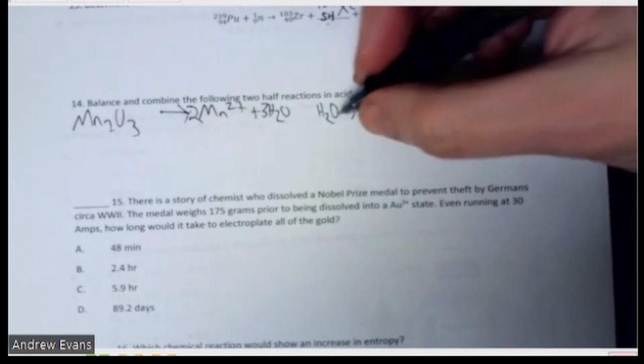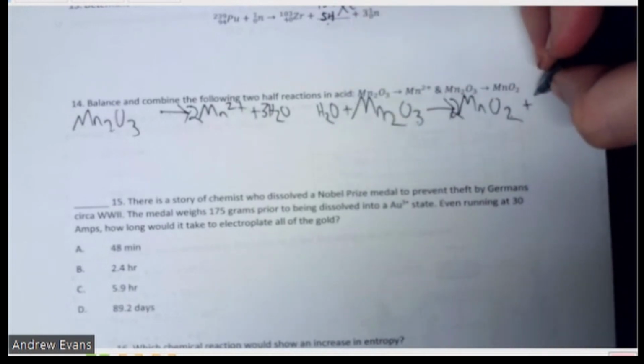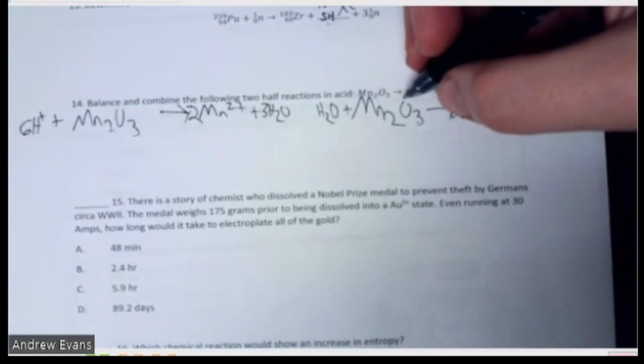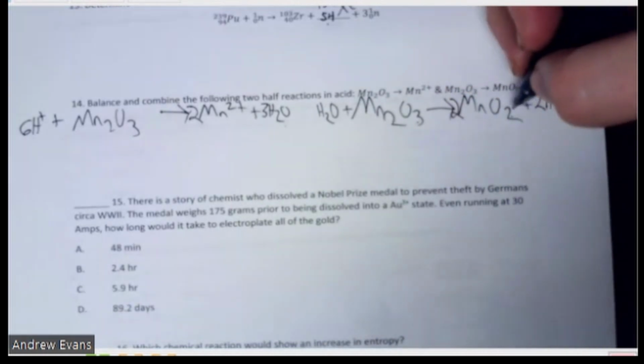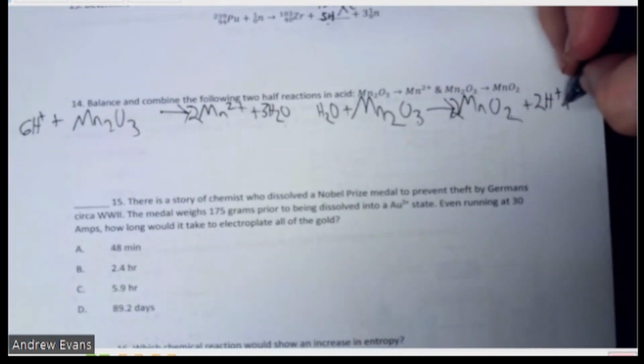Balance the hydrogens. 2 H pluses, 6 H pluses. And now that has to have 2 electrons, and that has to have 6 electrons.